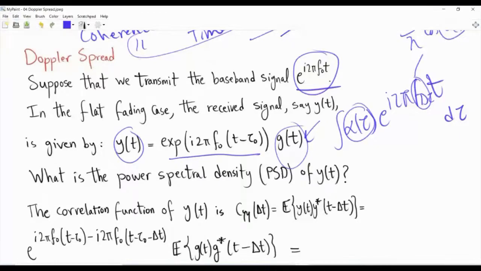So if I'm interested in the power spectral density of y of t, then I need to obtain its time correlation function, and then take the Fourier transform of this, and this will be the power spectral density.